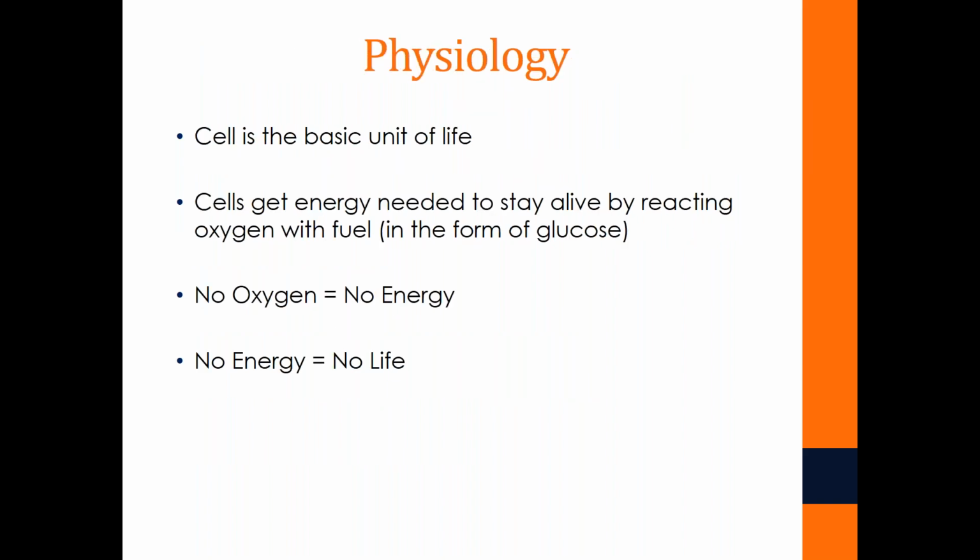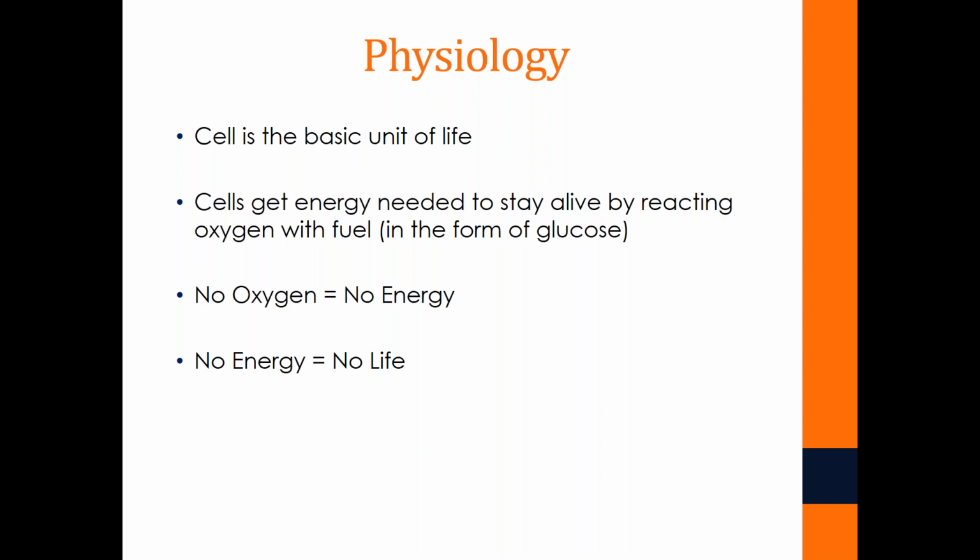So we'll talk some physiology here. The cell is the basic unit of life. Every single piece of our body is made up from tiny little microscopic cells. In order to stay alive, the cells need that oxygenated blood supply. They need an adequate supply of sugar so that they can create energy through metabolism and make adenosine triphosphate.